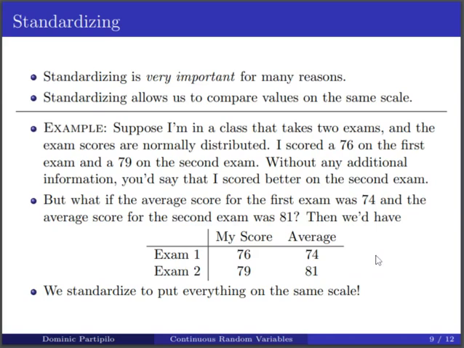So now when we look at it, it actually looks like I did better on the first exam because I was above the average. Whereas on the second exam, even though my raw score was higher, I was under average. So, what standardizing allows us to do is it allows us to put everything on the same scale based on what the mean and the variance are. And we're going to look at some examples of how to do this in a little bit more detail.